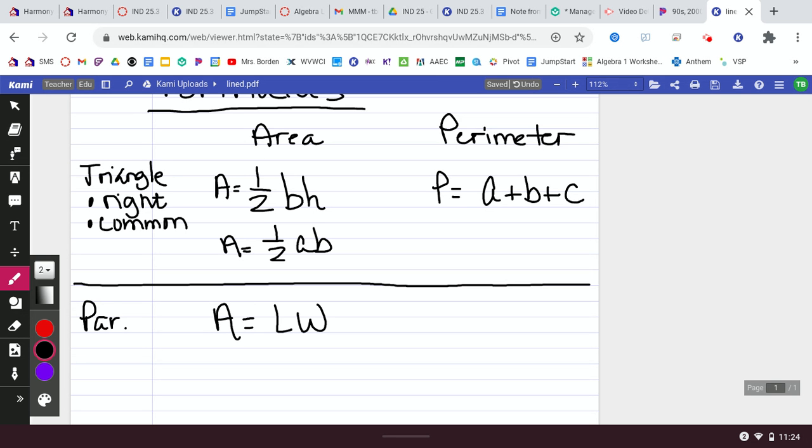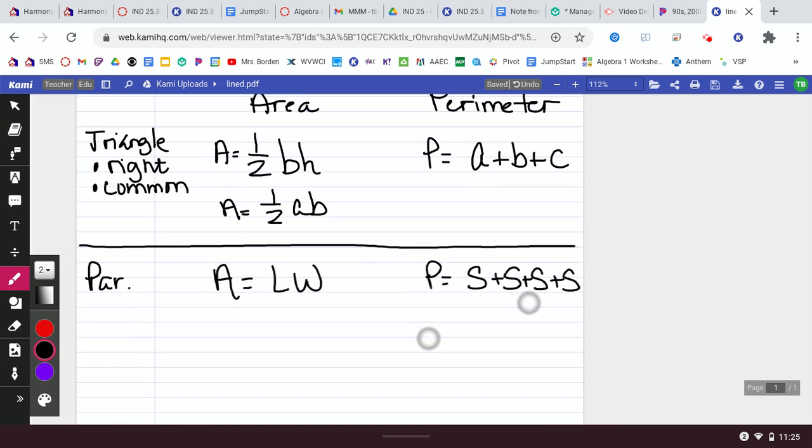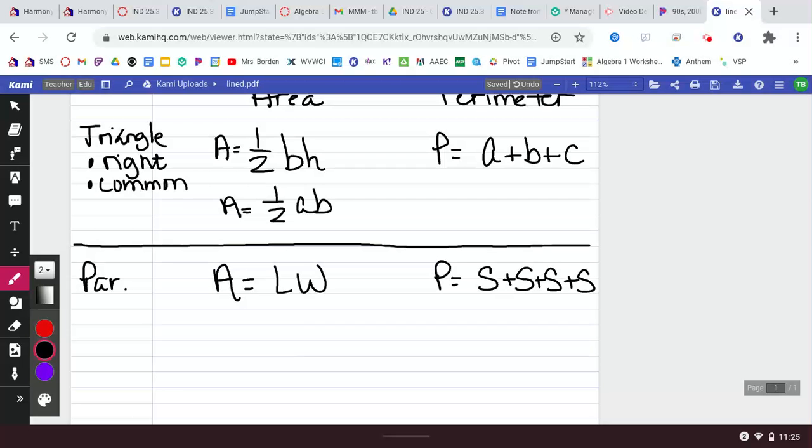Means the same thing. Perimeter is just adding up, right? Perimeter is, and I'm going to put S for side, side plus side plus side plus side. And that looks a little different if you think about a square. What is unique?